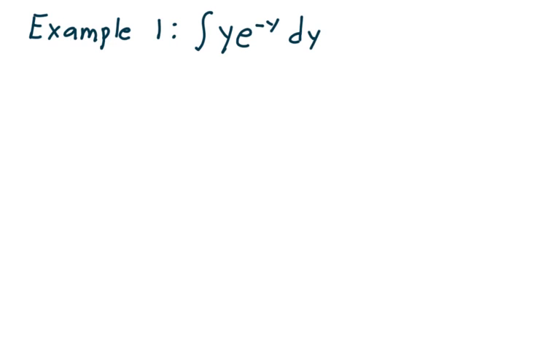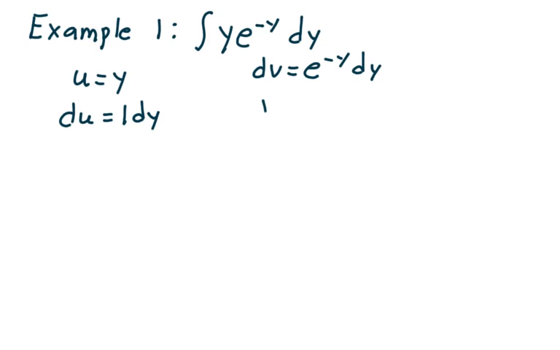So in other words, if we do example 1, and my example again is y e to the negative y dy, I want to let u be equal to y, and I'm going to let dv be e to the negative y dy. Because here, notice, du is 1 dy, and v is negative e to the negative y.